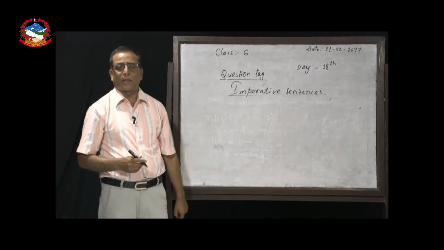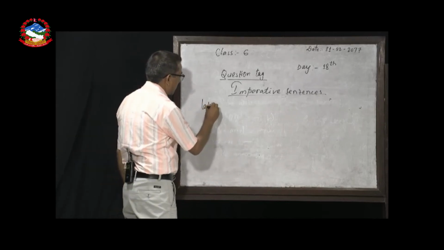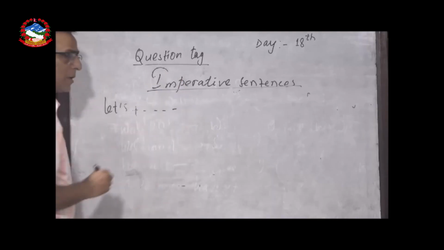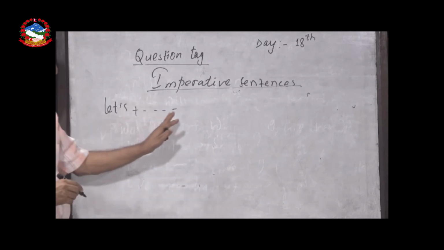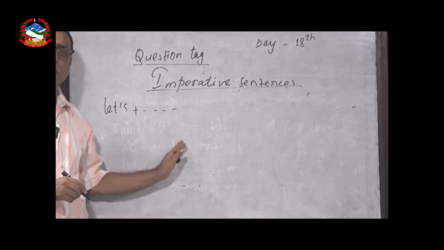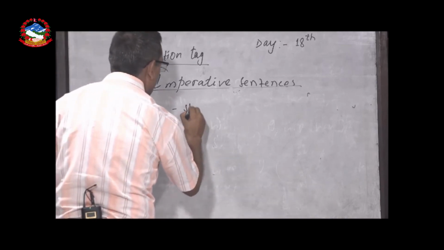If the statement starts from let's plus some complement, such types of sentences change into tags by using shall we.